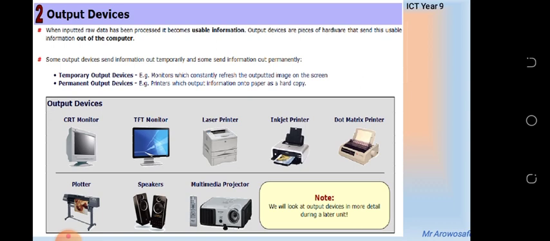When inputted raw data has been processed, it becomes usable information. So, output devices are pieces of hardware that send this usable information out of the computer system.